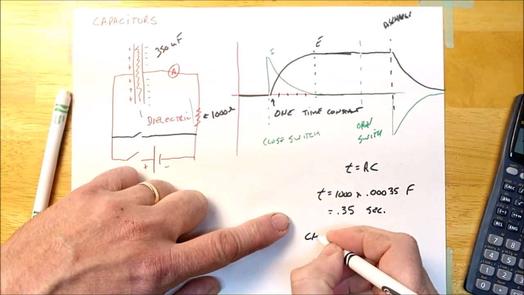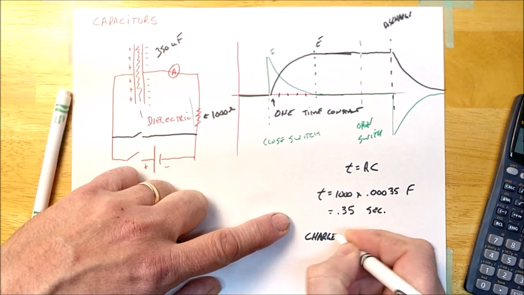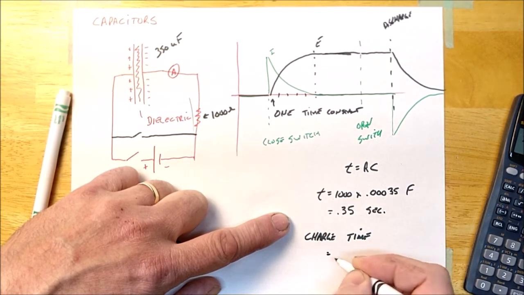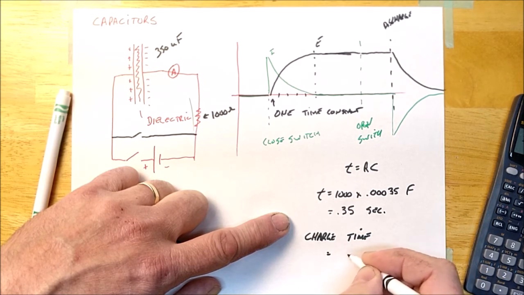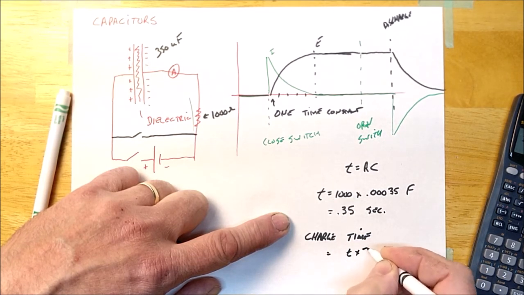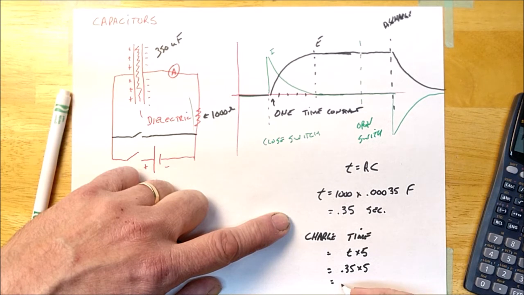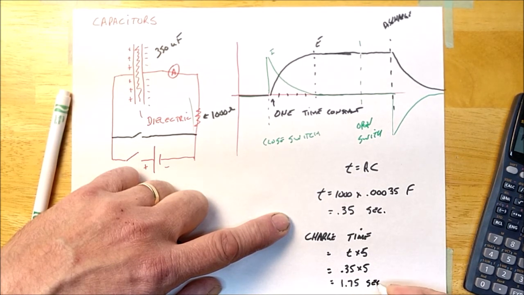So in order to calculate the charge time, it's always equal to T times 5. And so in this case, it would be 0.35 times 5. And this particular setup would take 1.75 seconds to fully charge.